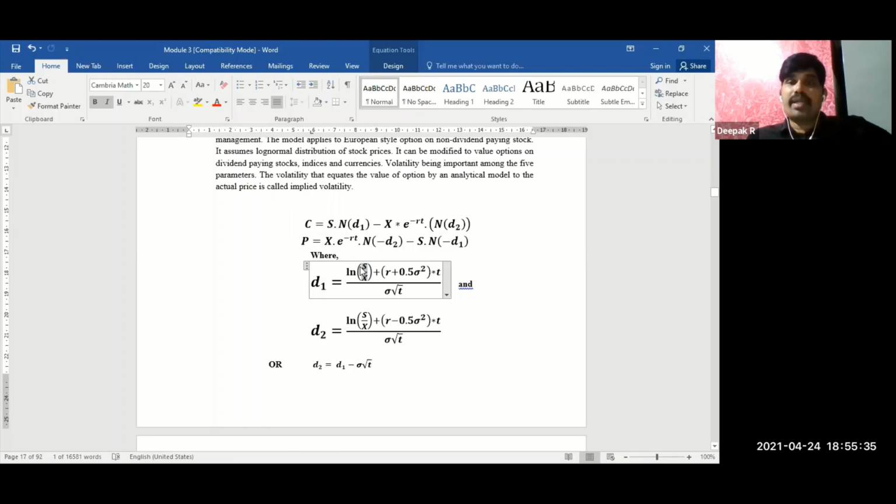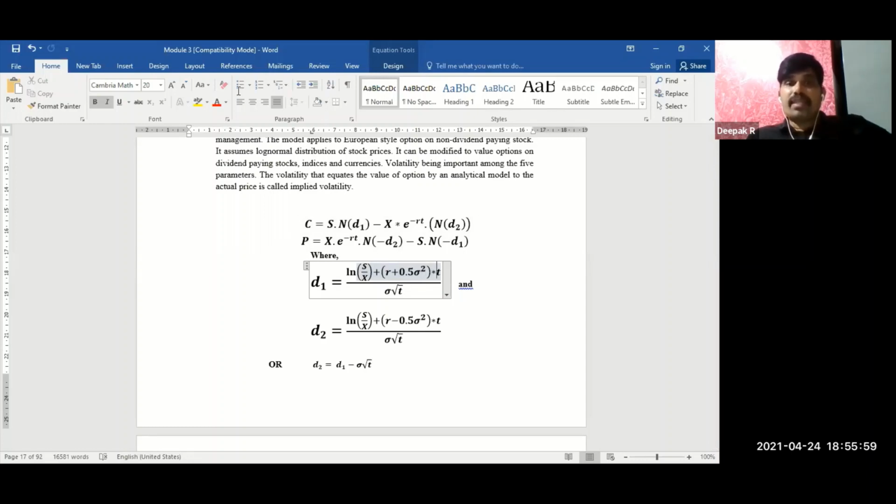We should be able to take the log. Then we are saying that the call option will also depend upon the risk-free rate. They also believe that the variance, or the standard deviation, plays a very important role. And the time to maturity, the more the time period, the more it is to be considered.